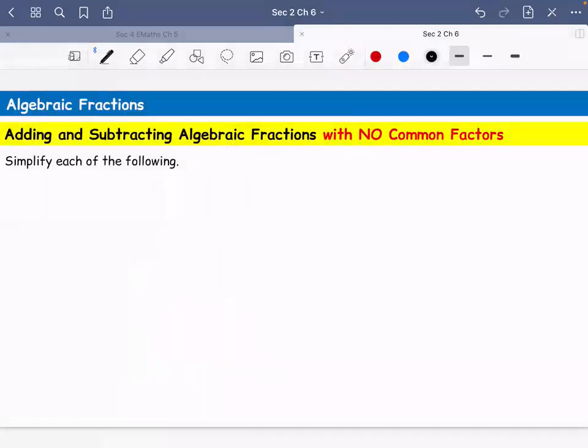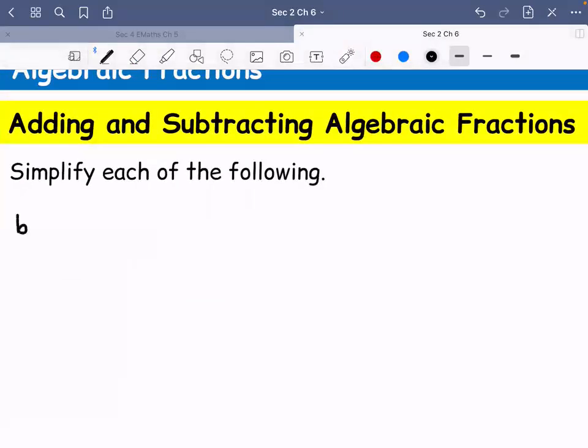Okay, so for letter B, wait, let me just write letter B. So I have 5y over y squared minus 4, minus y minus 2, then here's 2.